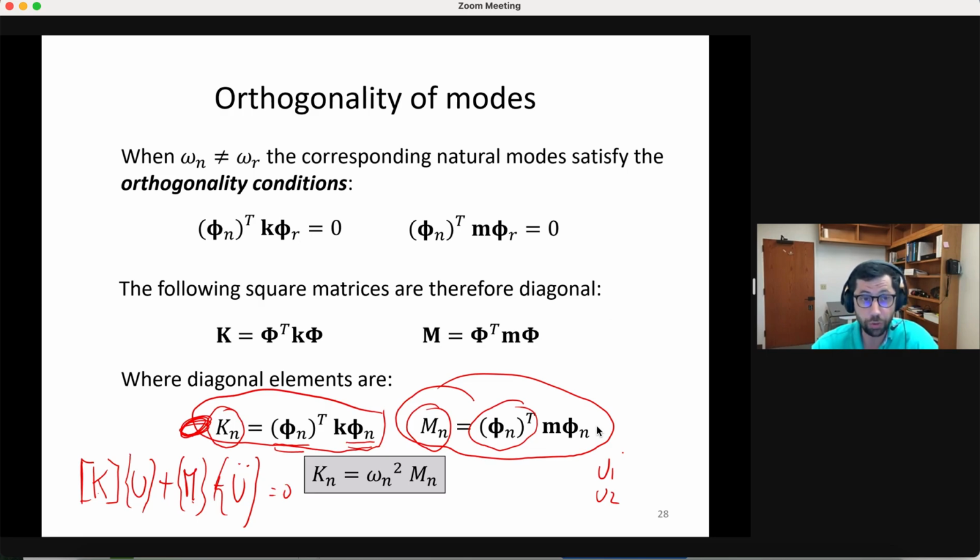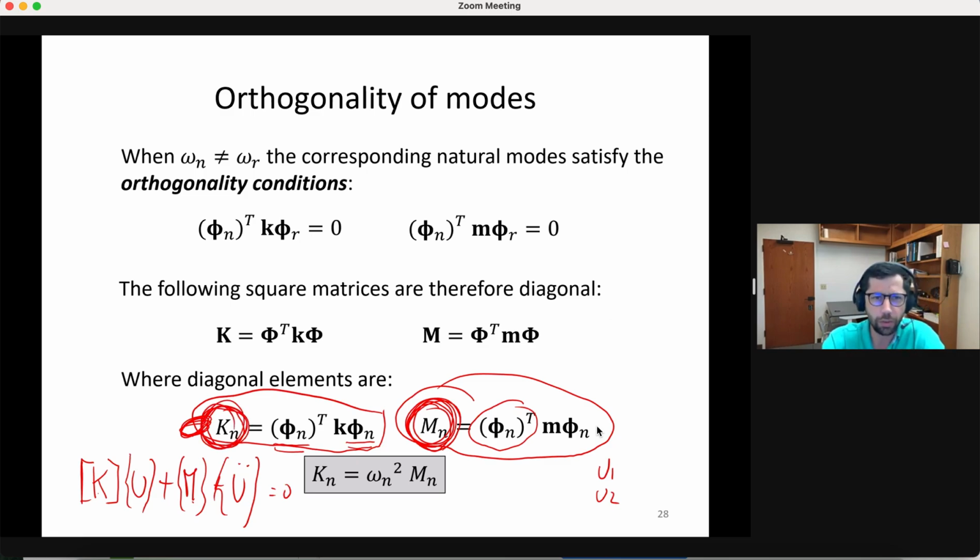So I now need to solve n single degree of freedom systems, where the mass of each of these single degree of freedom systems will have this value, where the stiffness of each will have this value.